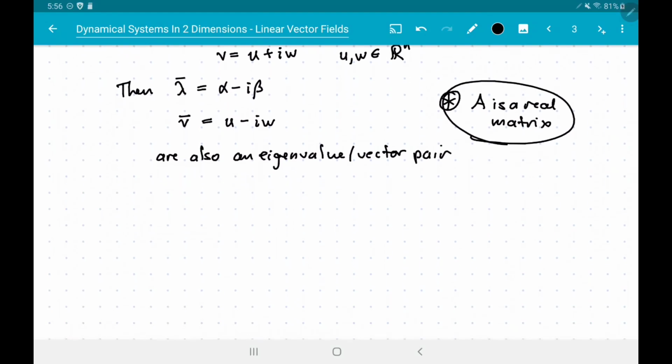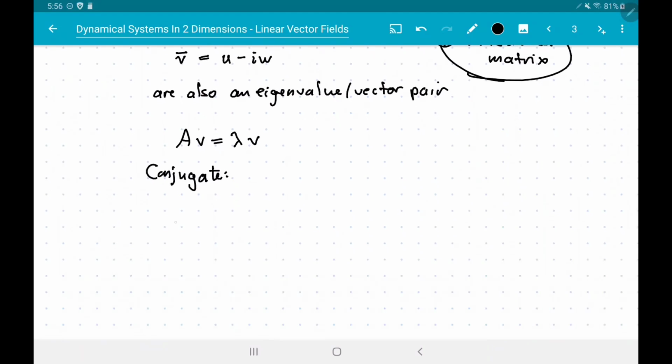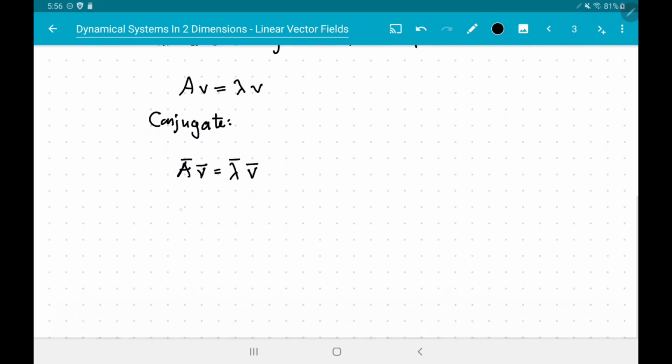But if A is a real matrix, then you can start with this equation, Av equals lambda v, and take the conjugate of both sides, and you'll get this result. But since A is a real matrix, it is equal to its own conjugate, and that takes us to this equation.